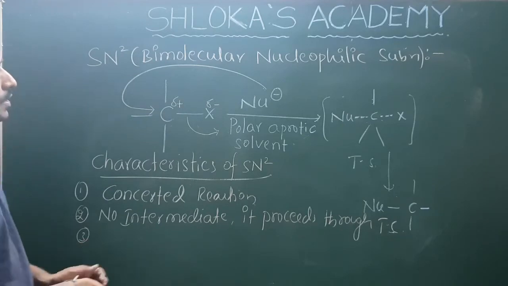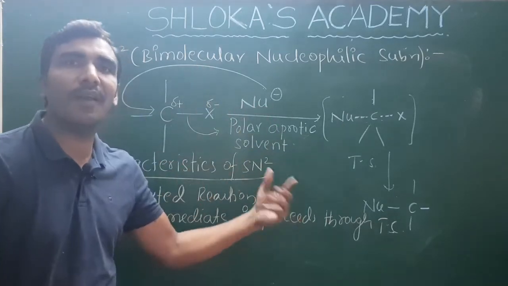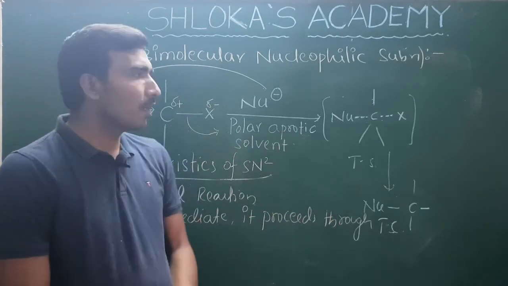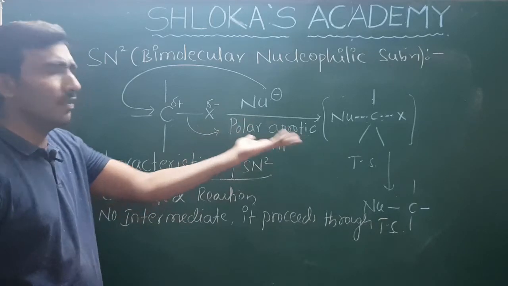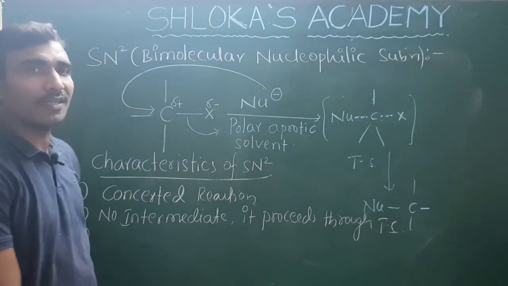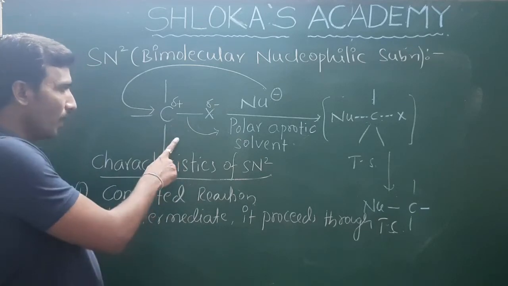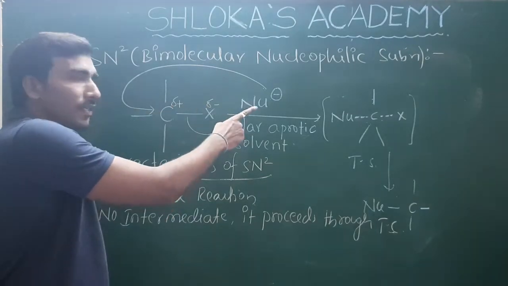As it is taking place in only one step, that is the slowest step and that is also the fastest step. Means if I ask you what could be the rate determining step for this reaction, it is this only. And in this rate determining step, tell me how many reactant species are involved. One is the substrate, which is alkyl halide, and another one is the reagent, the nucleophile.